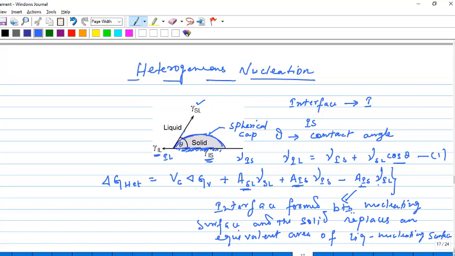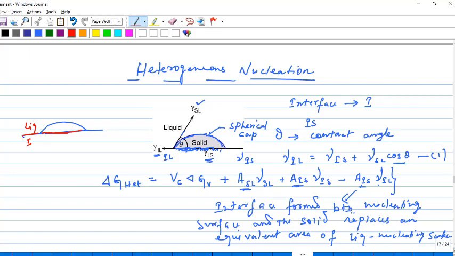Right, which you can see from here, right? So this is the surface which is formed between the solid and the heterogeneous surface, right? And this is formed out of this particular surface which is between the liquid and the heterogeneous surface, right?